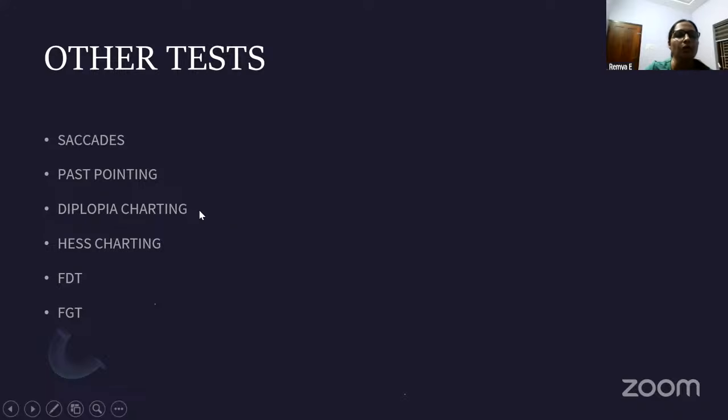Then you have to do a diplopia charting to know in which gaze the diplopia is maximum, to find out which muscle is paralyzed. Then Hess charting, in a case of incomitant strabismus, both paralytic as well as restrictive squint, to know the progression, whether it is improving or not. And forced duction test.